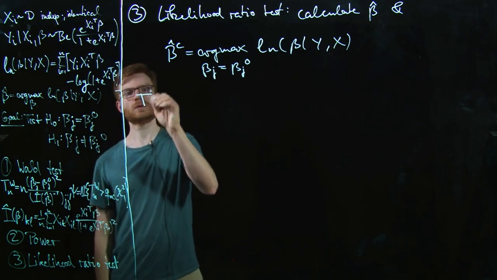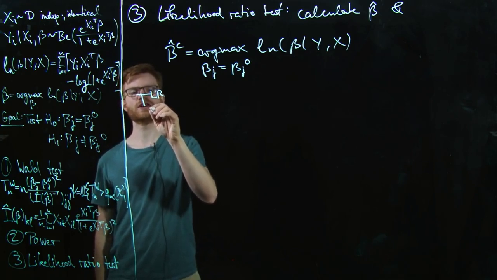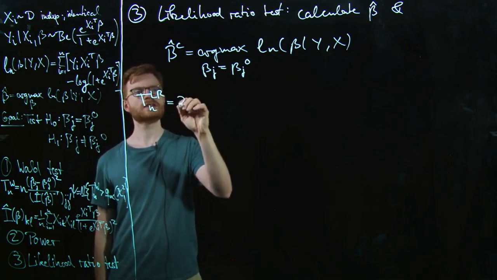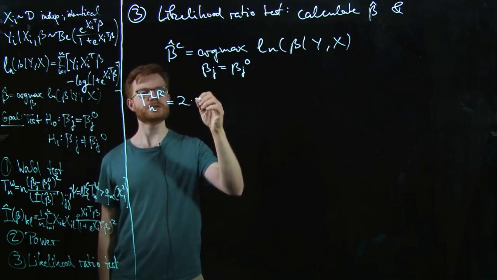And then what we do is we calculate the likelihood ratio test statistic. So it's a ratio of the likelihoods, which means it's going to be a difference of the log likelihoods. And we multiply it by 2, which corresponds to squaring the likelihood ratio.